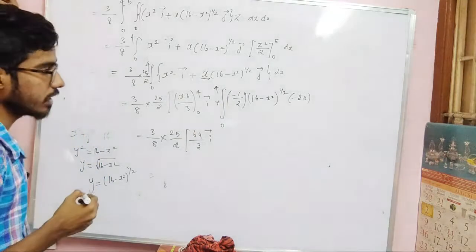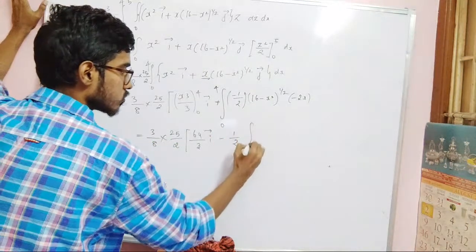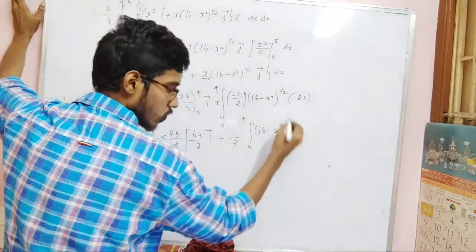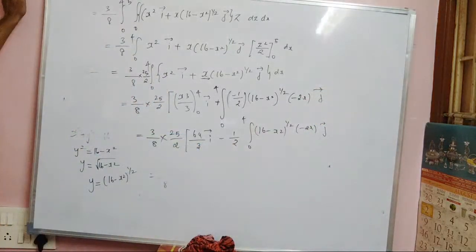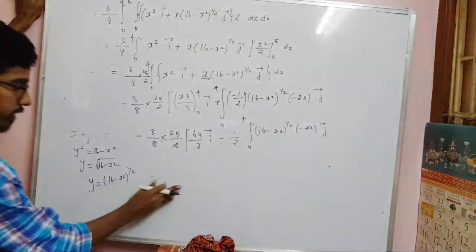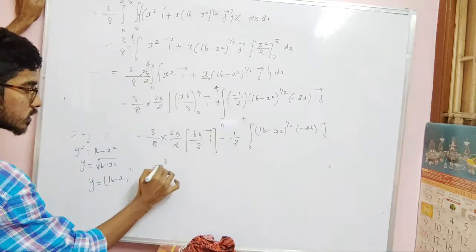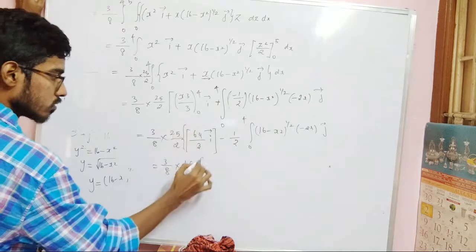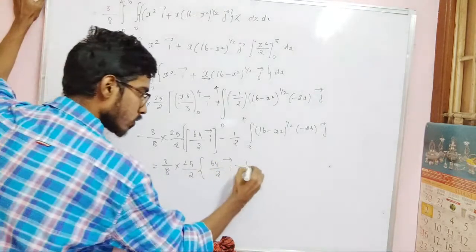Now when I integrate this, I can write this term by taking minus 1 by 2 outside. So this is the integral from 0 to 4 of 16 minus x square whole power 1 by 2 into minus 2x, j vector. When I integrate this, you can see minus 2x is already here. So we have 3 by 8 into 25 by 2, 64 by 3 i vector, minus 1 by 2.